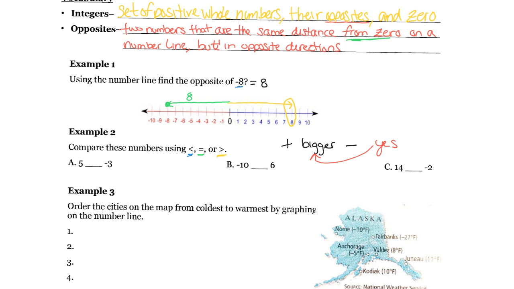Hopefully you're saying it's greater than -3. What about -10 and 6? -10 should be less than 6, right? Last one, 14 and -2. 14 is greater than -2.